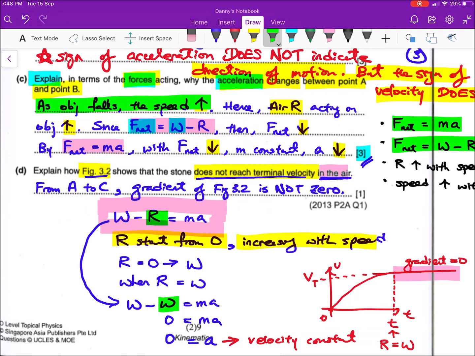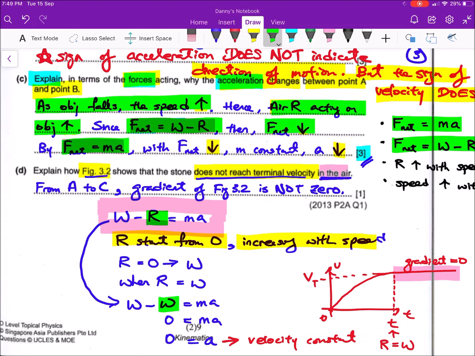As a result, air resistance changes, but in our case, we talk about it in terms of drag force. So the drag force of the object will increase. After that, I give an expression that describes my F net. In this case, it won't be W minus R, it will be the forward force F minus the drag force D. And then I will say that because the drag force is increasing, my F net will be dropping.